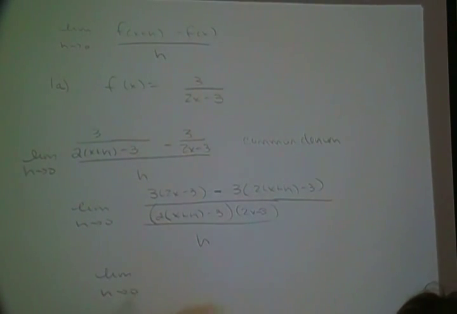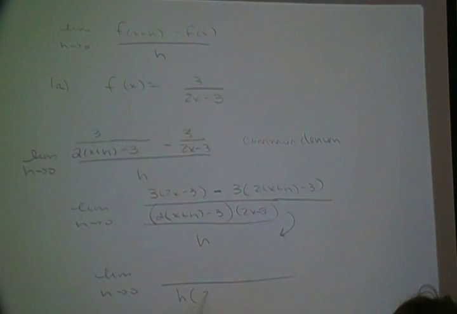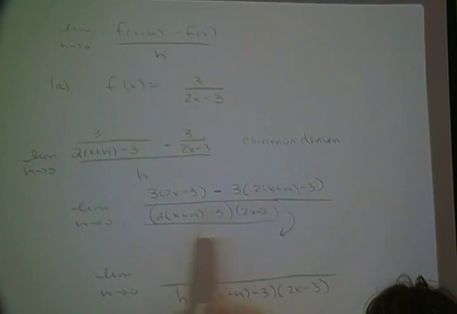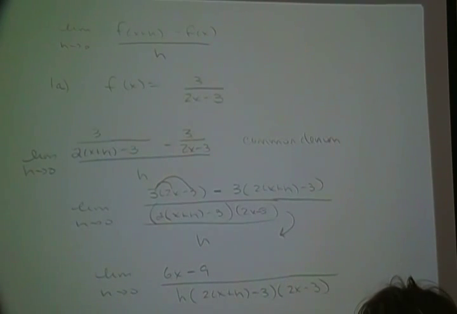Then I have to simplify. One step in simplifying is to pull my two denominators together. So I have my h and my 2 quantity x plus h minus 3 and my 2x minus 3. And then I've got to distribute and simplify up here. So I'm going to have 6x minus 9 minus whatever this is.